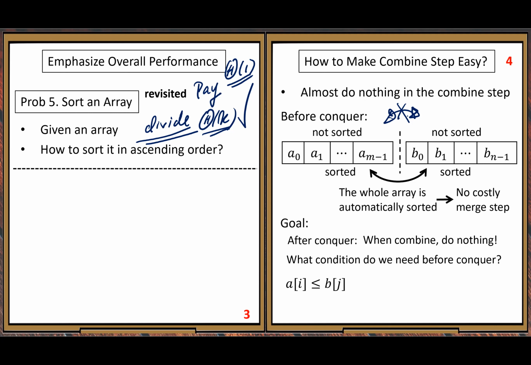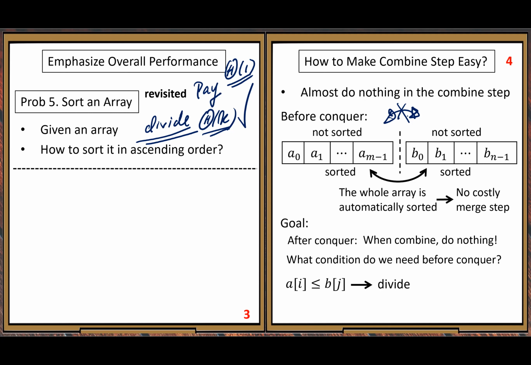So this inequality gives us that the maximum of the A subarray should be less than or equal to the minimum of the B subarray. If your divide step can achieve this property, then we can enjoy the great result of this property when we do the combine operation.